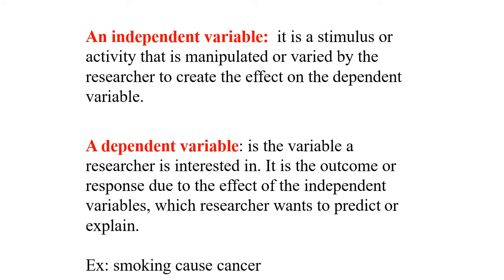Now we are going to discuss the main difference between an independent variable and a dependent variable. By the name you might understand: independent means it is not going to depend on anyone. In research, the independent variable is the stimulus or activity that is going to be manipulated.